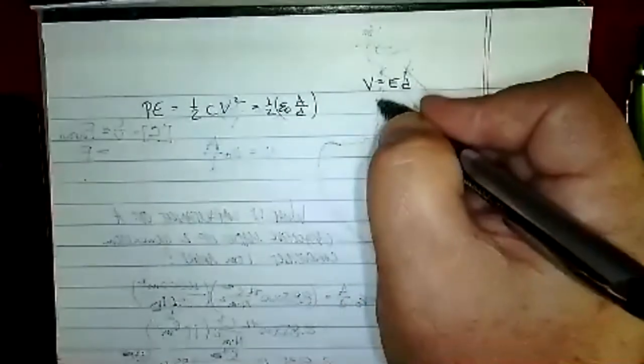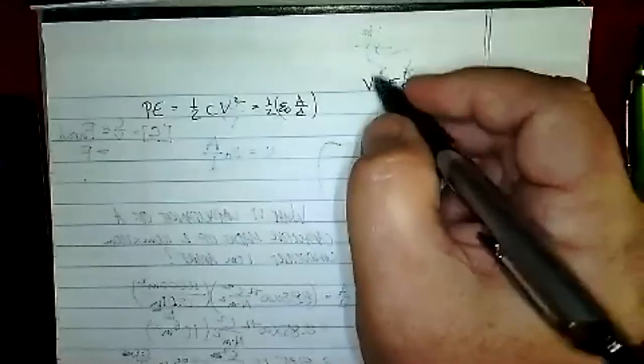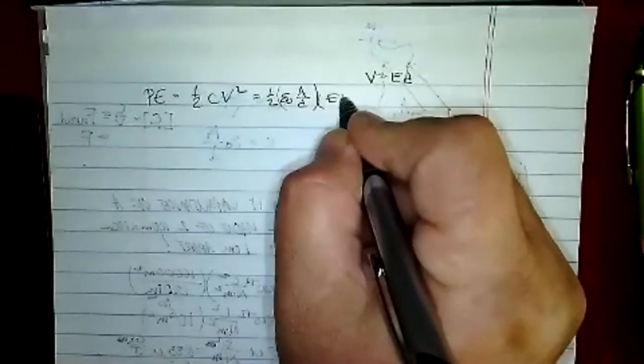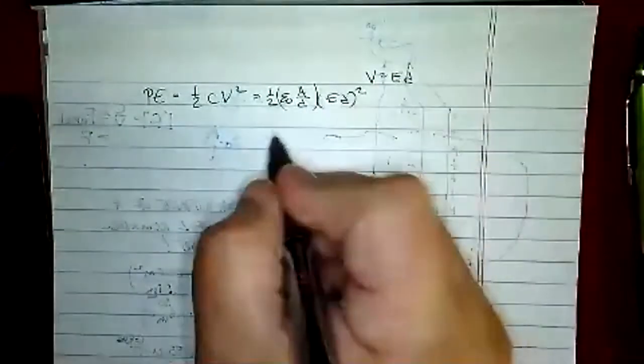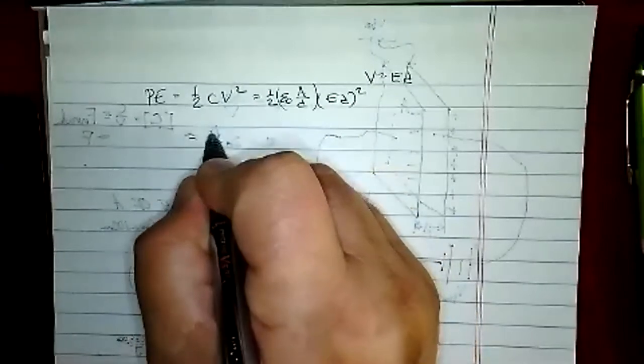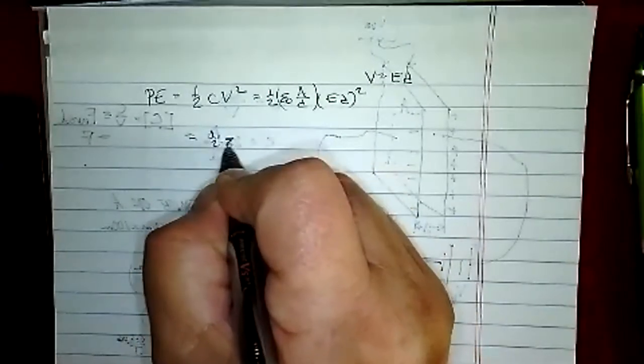That was, I think, in your book, formula 17.4. I can substitute that in for voltage, and I get ED quantity squared. So what you see is we have 1/2 epsilon 0.